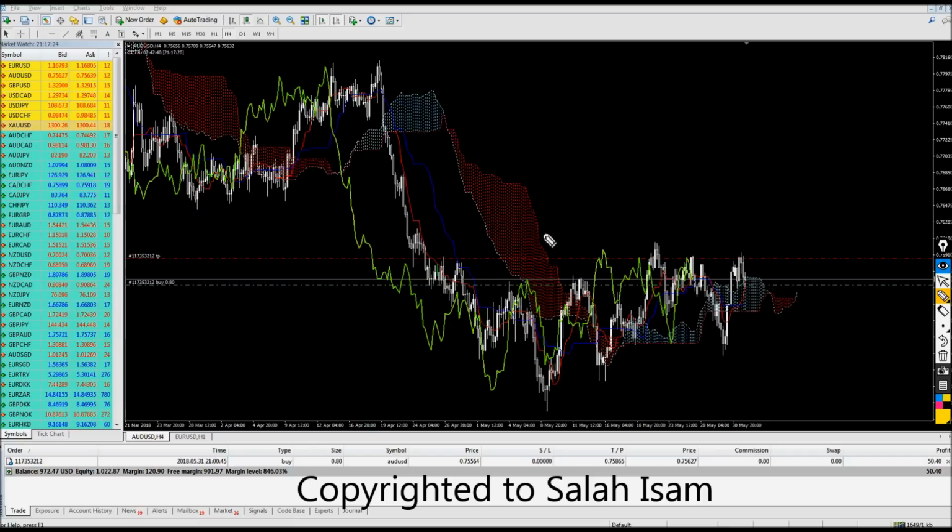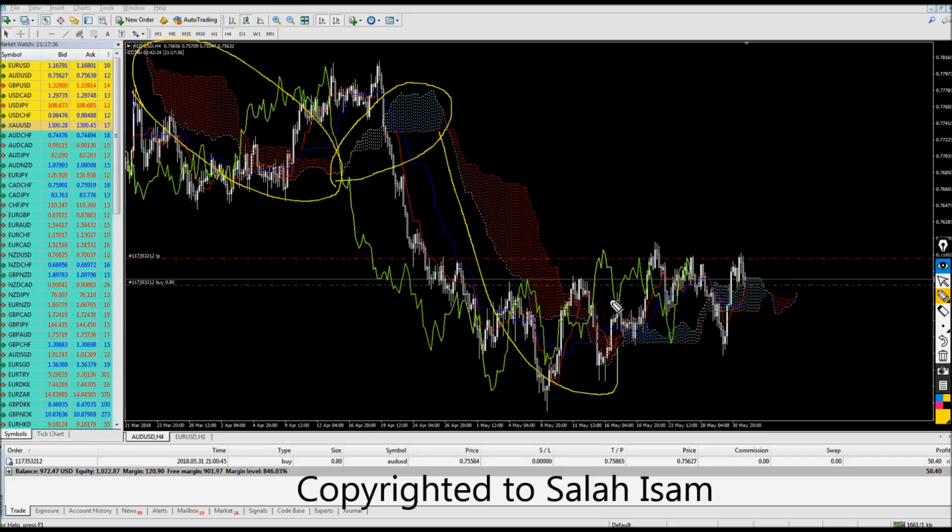Now, I think it's very obvious that in Ichimoku, when we are seeing the chart, we can see there is a red cloud and a blue cloud all the way. So we have the red, the blue, red, blue, and so on.